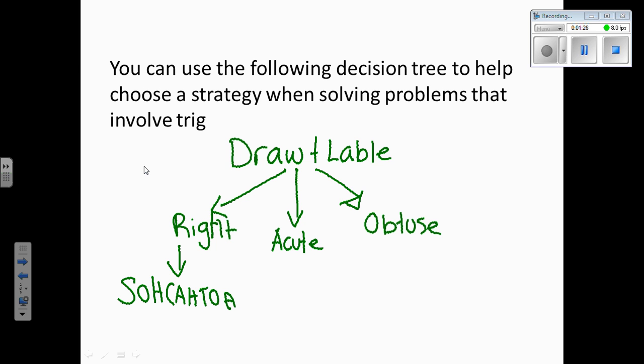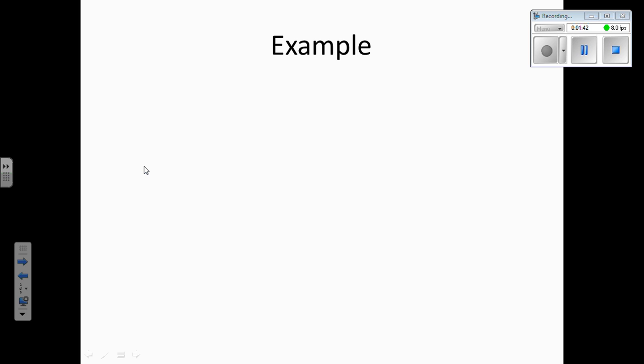If you have an acute or obtuse, you can use sine or cosine law. So let's try example number 1.